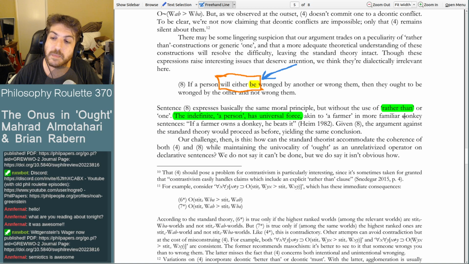Then this one was about obligations and contradictory obligations. They're trying to show that the standard theory of obligations, the logic that we use, doesn't treat personal obligation right. It treats general obligations better, when you're talking about what we are all obligated to do, than saying I'm obligated not to specifically do something to you.